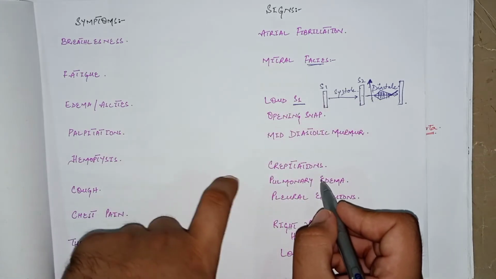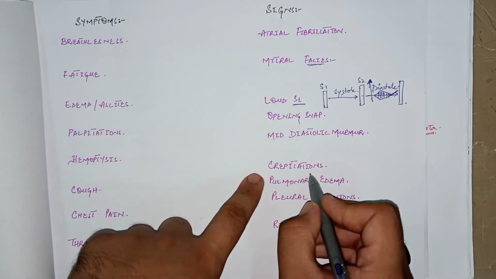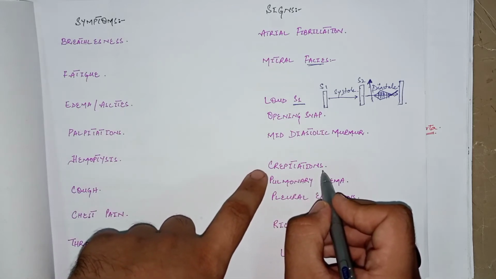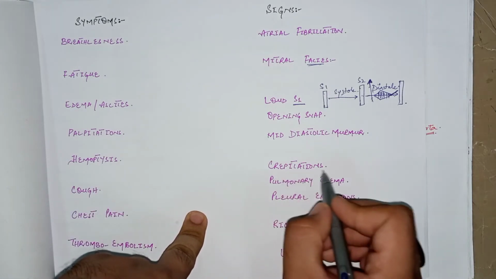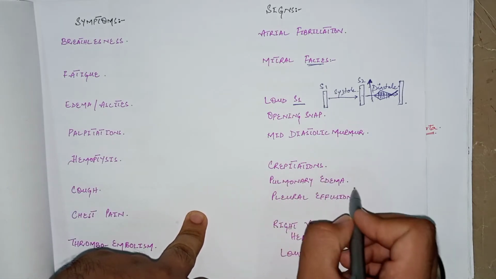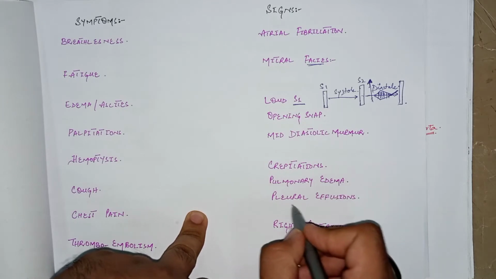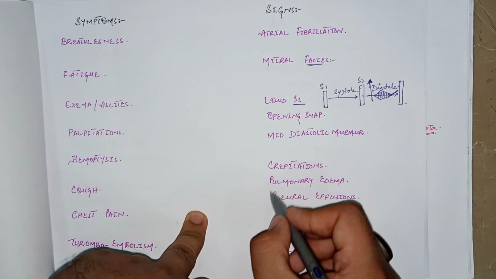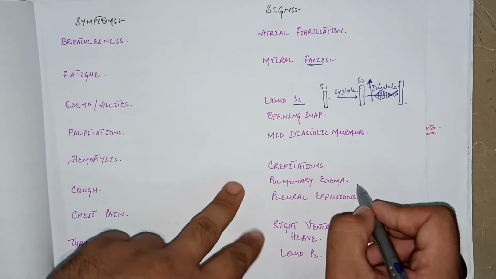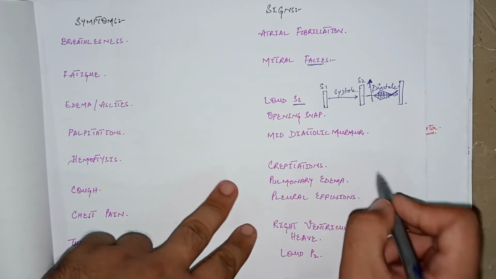Now come to the other features, that is crepitations or crackling sounds at the bases of the lungs, which can be auscultated by stethoscope because of pulmonary congestion or pulmonary edema, and pulmonary edema because of left sided heart failure, and pleural effusion. So all these features are because of pulmonary congestion, that is, features of left sided heart failure.